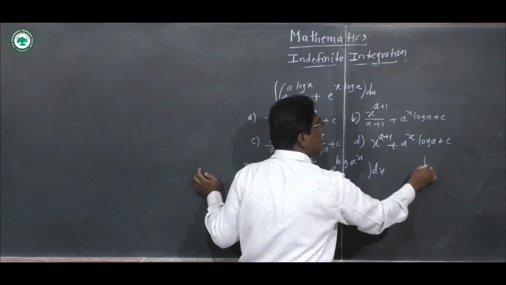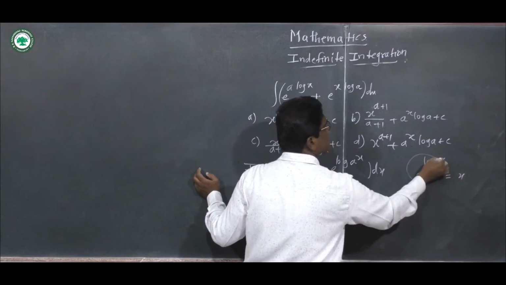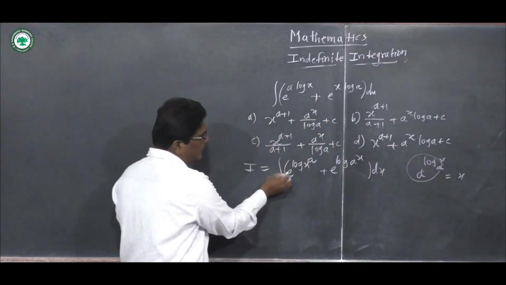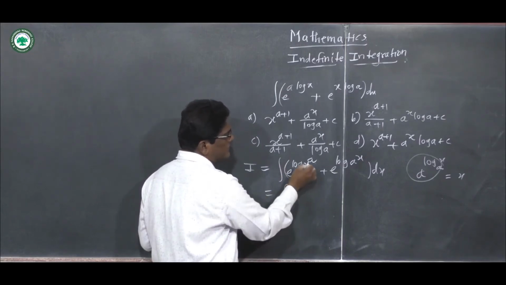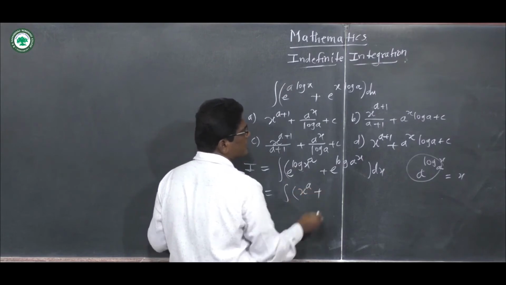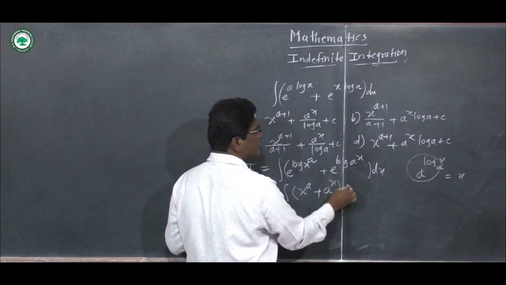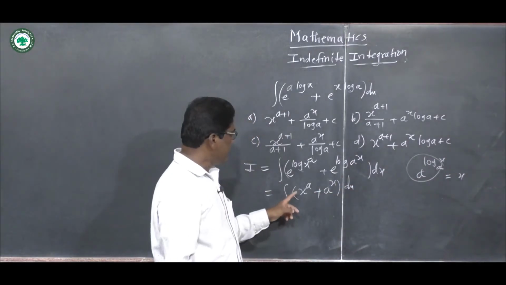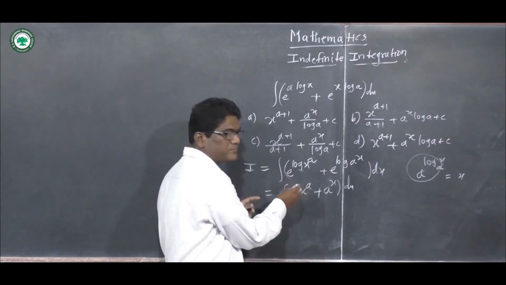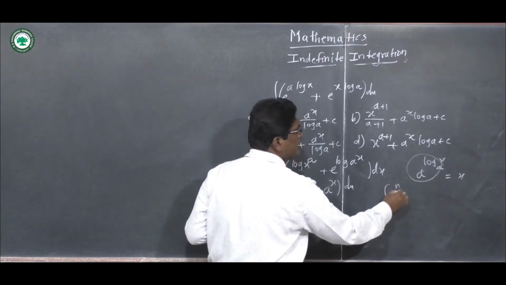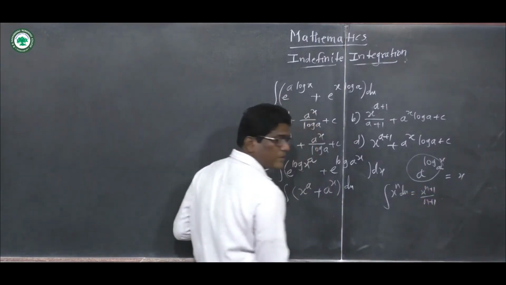We have seen that a to the power log of x to the base a is equal to x. So here e and log to the base e get cancelled, and we get the integration of x to the power a plus, here also e and log get cancelled, a to the power x dx. Now we have to take the integration of x to the power a, where a is a number. We always use the formula that the integration of x to the power n dx is x to the power n plus 1 upon n plus 1.